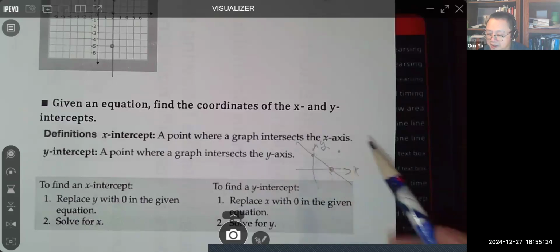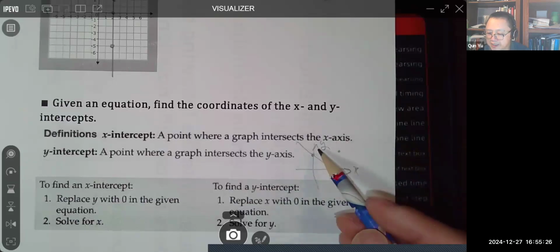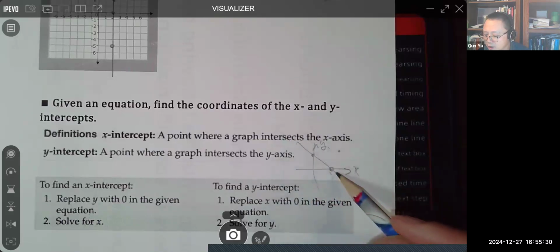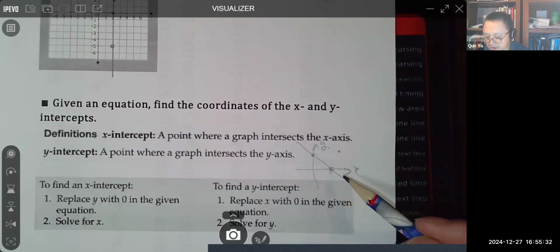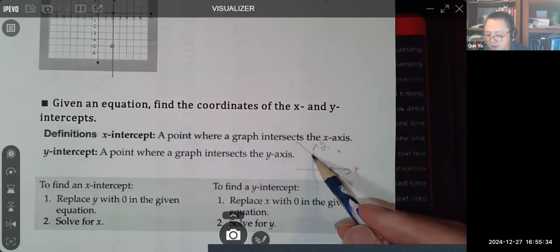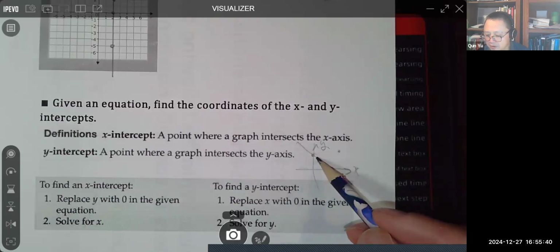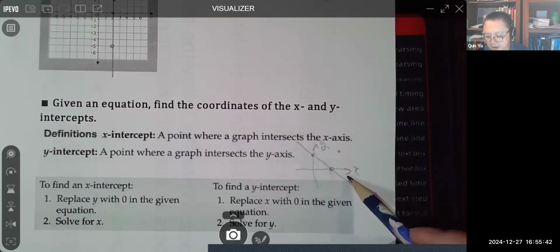In a similar manner, for the y-intercept, there's only one point on this whole line whose x value is 0. Look at this point. If you have other points on one side, all of these x values are going to be negative, right? All of the other points on the other side have x values that are positive.